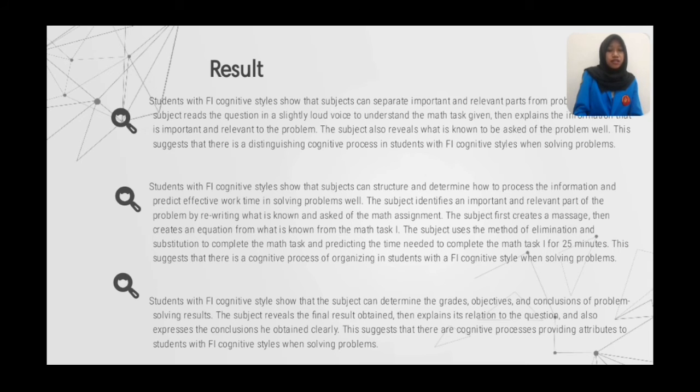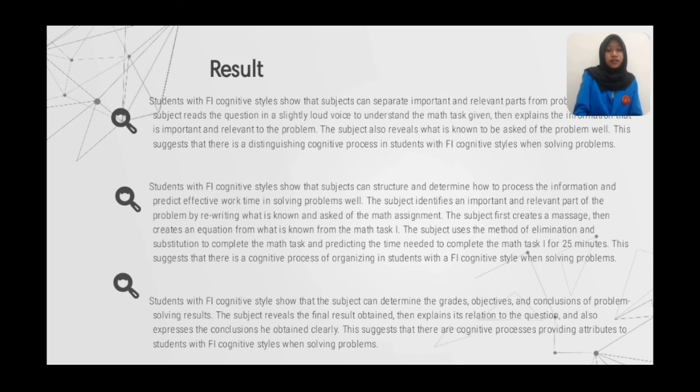First, the subject creates a message, then creates an equation from what is known from math test 1. The subject used the method of elimination and substitution to complete math test 1 and predicted the time needed to complete math test 1 at 25 minutes. This shows that there is a cognitive process of organizing in students with a field-independent cognitive style when solving the problem.